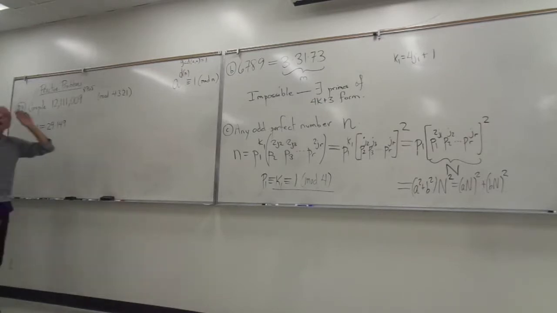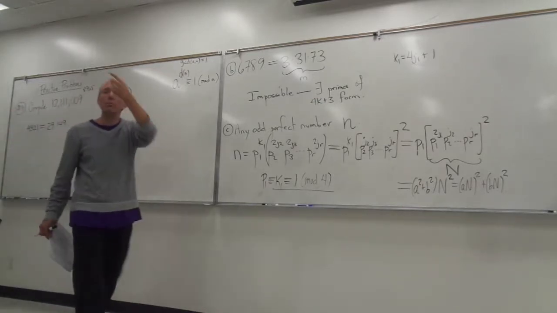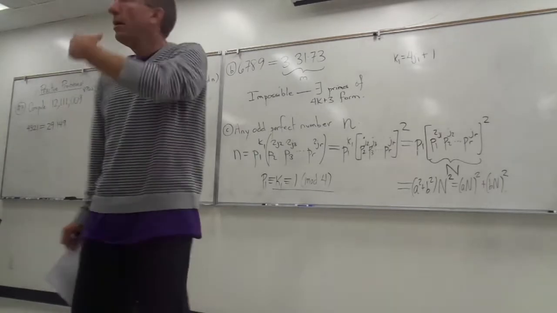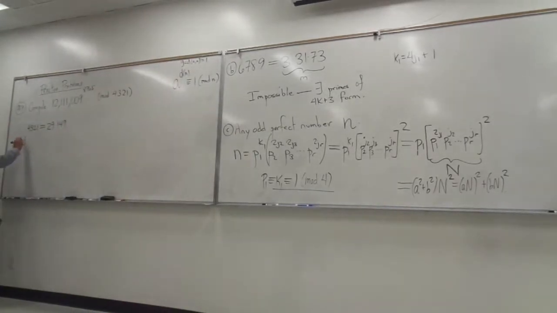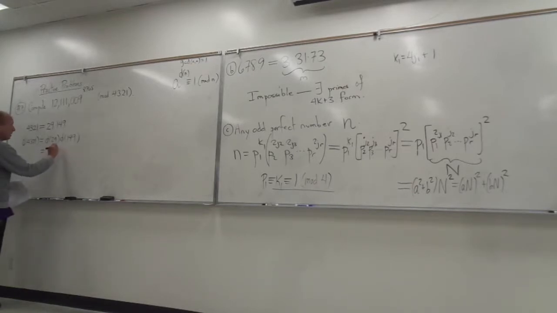Guys, you don't have to do that. You can leave the original mod, and if you do that, then you're just going to be figuring out phi of 4321. Well, remember that phi is multiplicative. Phi of 29 would be 28 because it's a prime. And 149 is also a prime, so this would be 148, and you could work that out, okay?